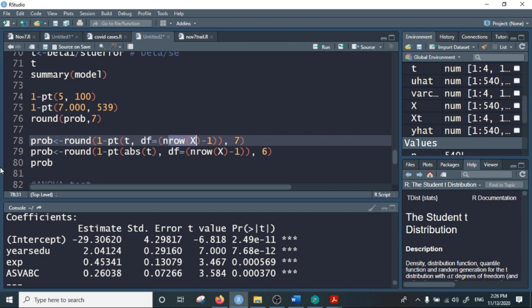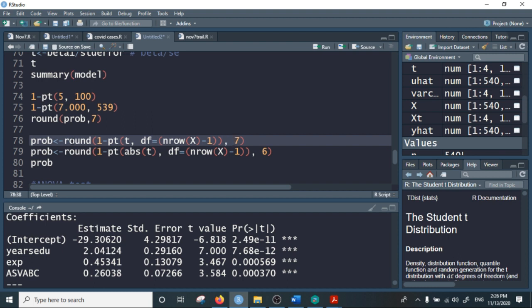For instance, you can change the X matrix, you can remove one independent variable, and this formula works for that too. In this case, I have just written the function nrow of x, which is 540 in this case, minus 1, and this 7 is the digit for rounding.